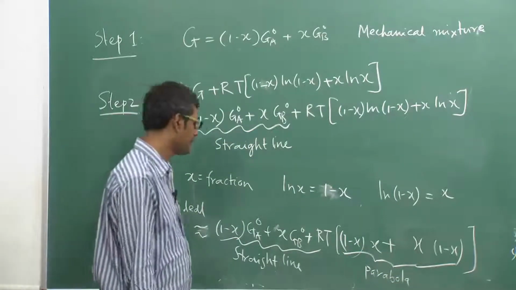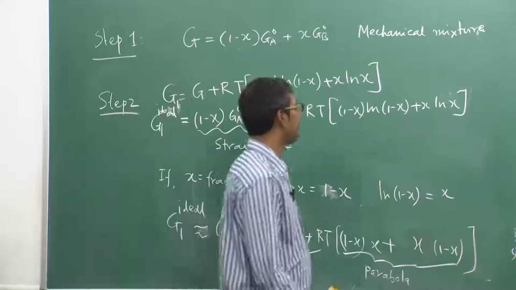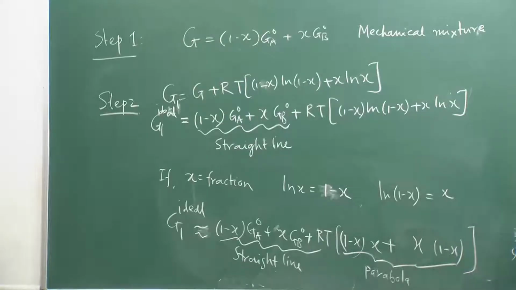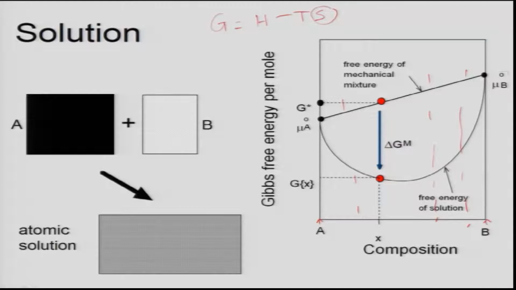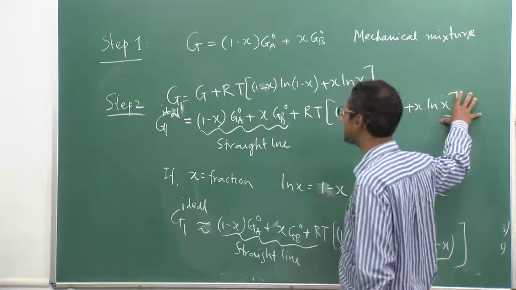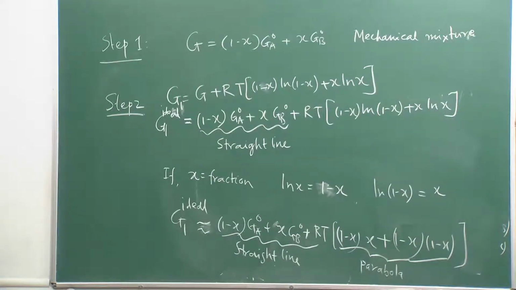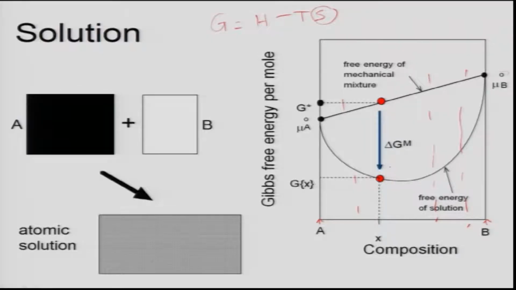That is why, whenever we plot this free energy, it becomes an inverted parabola, that is what you can see here. This term, delta G, is the term for the ideal solution, delta G because of the entropy change, shown like that, delta G m, the delta G of mixing.